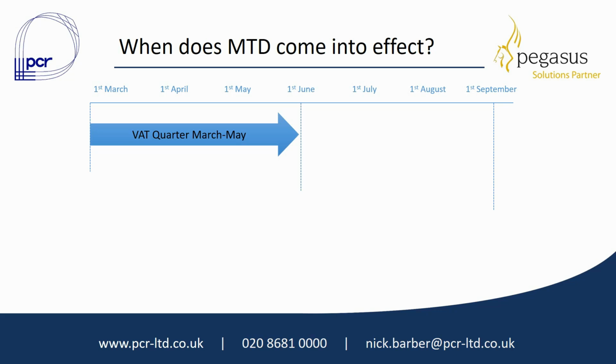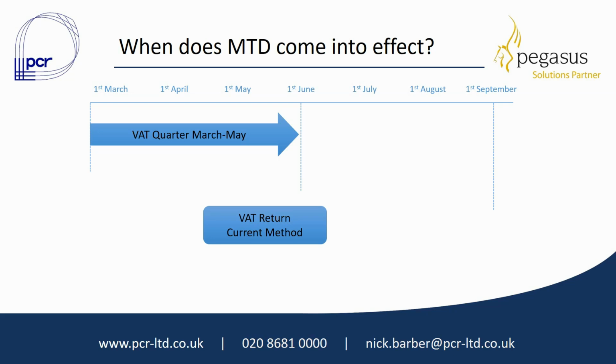In this example, the client has a VAT quarter of March, April, May. That needs to be submitted by the end of June and paid by the 7th of July. Even though the 1st of April has passed, because the 1st of April is not at the beginning of or on or after the first VAT quarter, the client will continue to submit the VAT return using the current method.